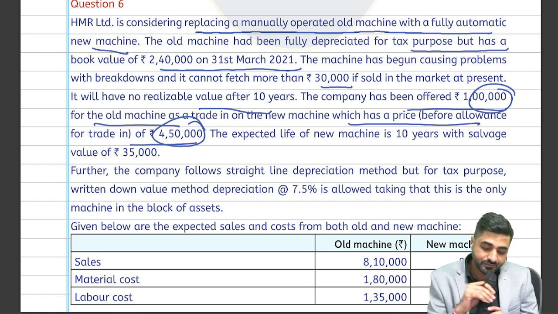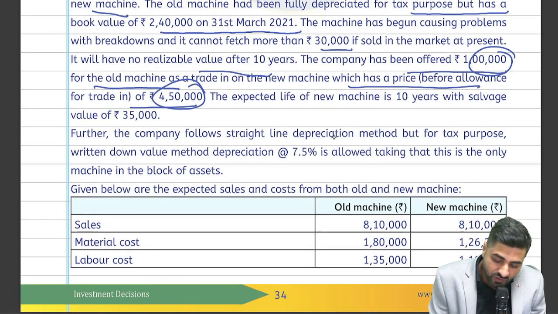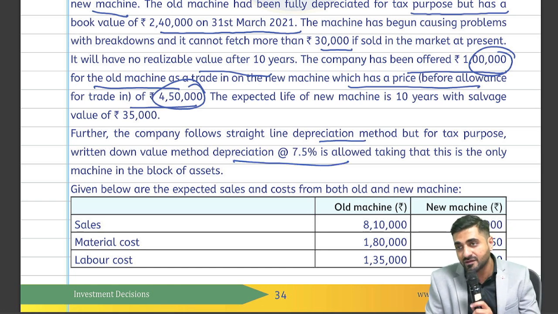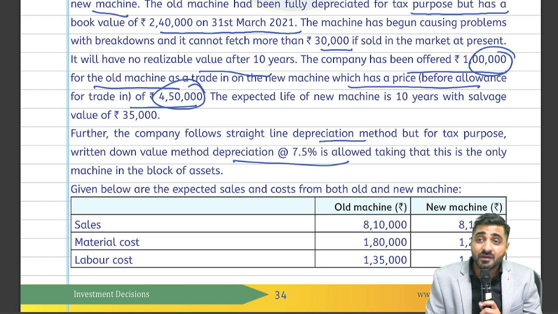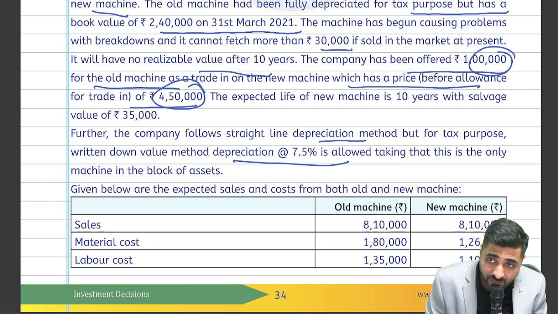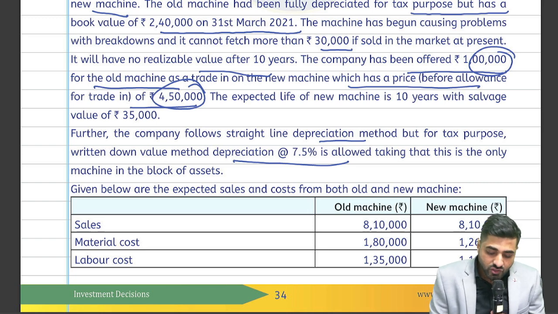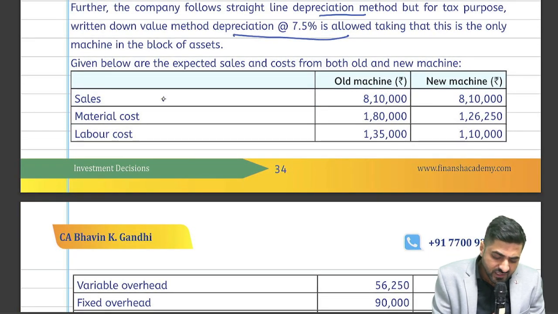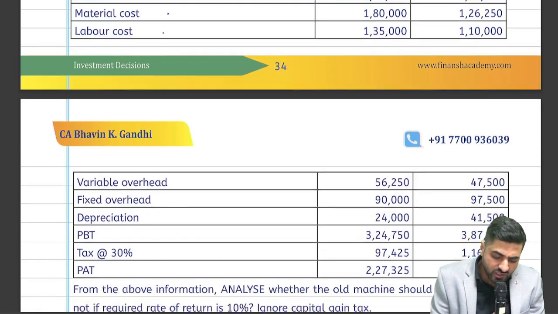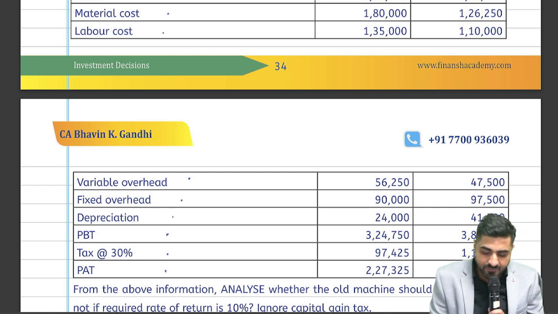Yes, sir. And then the company follows straight line method, but for tax purpose, we have to follow WDV method. Now, when there is WDV method, it means that every year the depreciation is going to be same or every year depreciation will be different, beta? Different. So they have given you sales less material cost, labor cost, variable overhead, fixed overhead, depreciation, PBT less tax, NPAT.